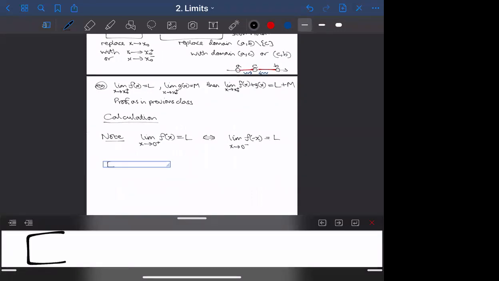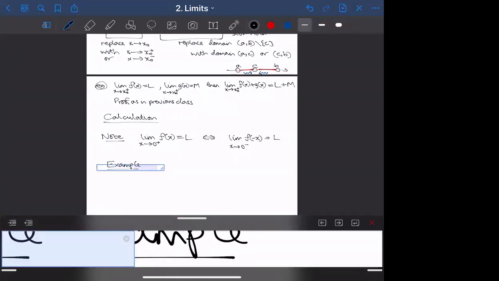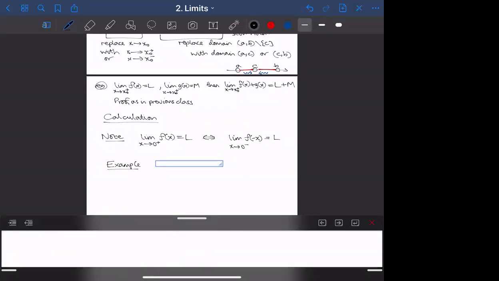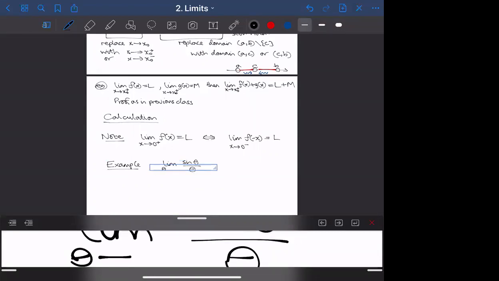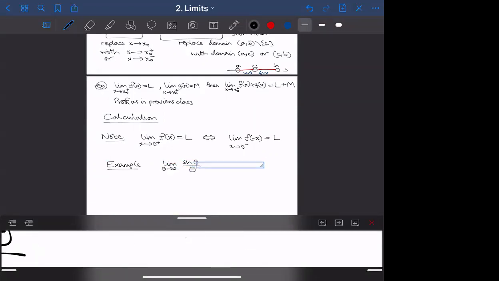So example calculation. From last time, we did some spreadsheet calculations that showed that the limit of sine theta over theta as theta goes to 0 seemed to be 1.